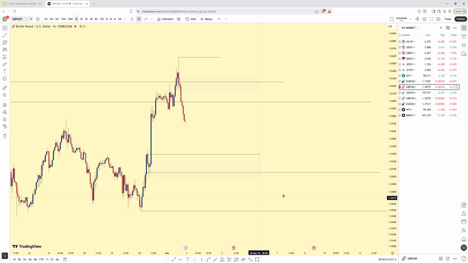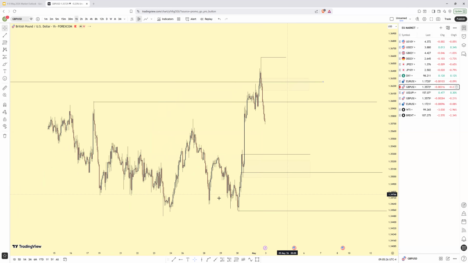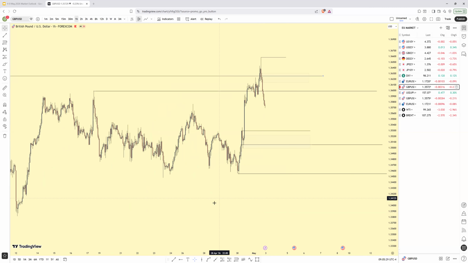So what do I expect the market to do? I'm expecting the market to do more like a retracement into this area on Monday.